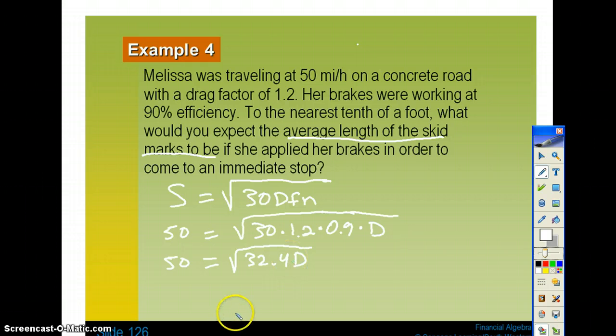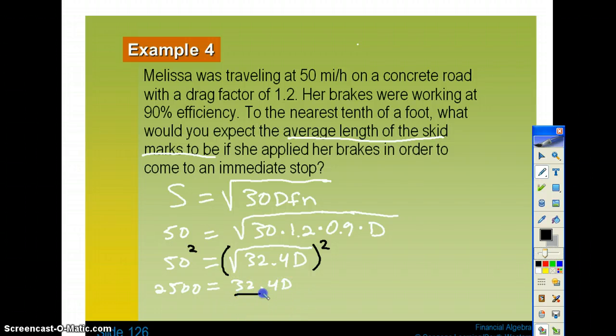So now to solve here, we're trying to solve for D. The next thing we need to do is get rid of that radical. So to get rid of the square root, we've got to take the square of both sides. So if I square the left and the right side of the equation, on the left I'm going to end up with 2500 equals, and basically the radical and the squared cancel one another out, and we get 32.4D on the right side.